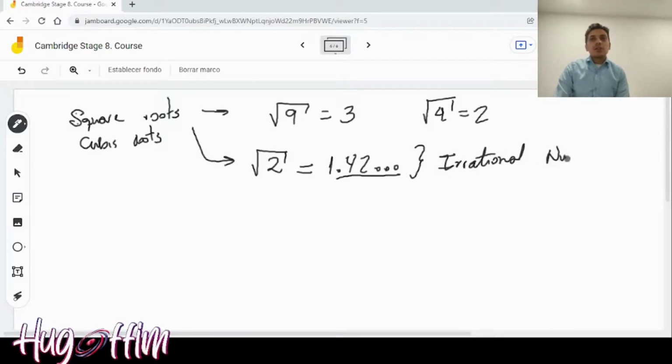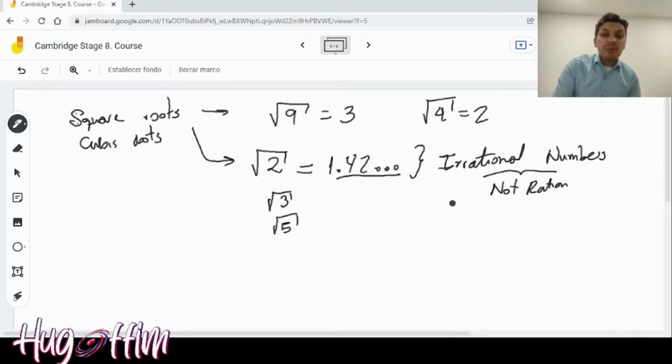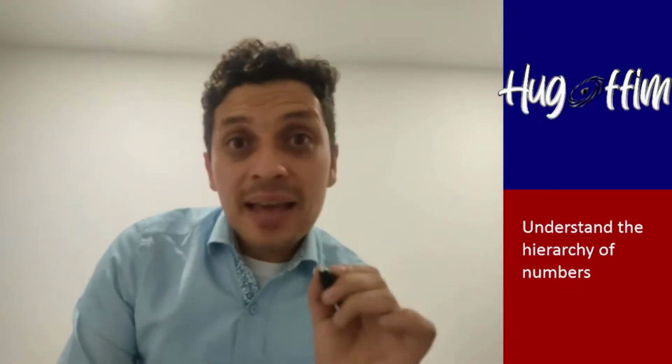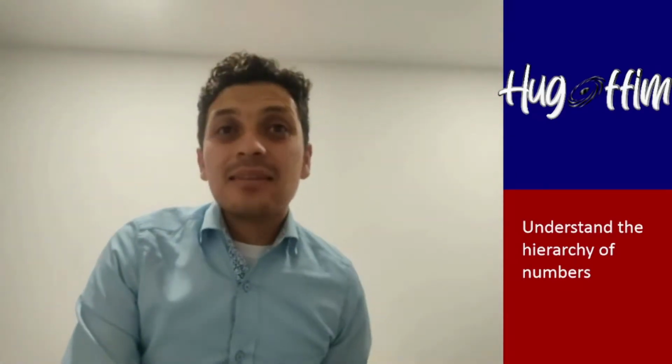The irrational numbers are any numbers that are not rational. We have the square root of 2, square root of 3, square root of 5. There are two numbers that are pretty cool, and that we highly use in mathematics: pi and the number e.